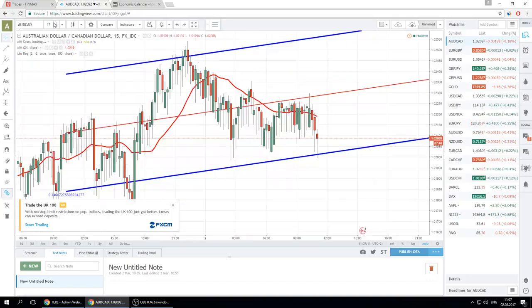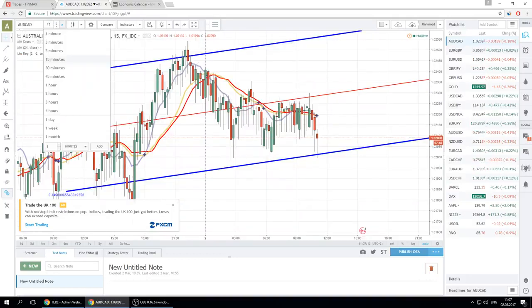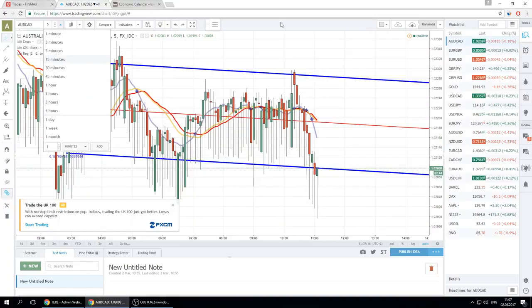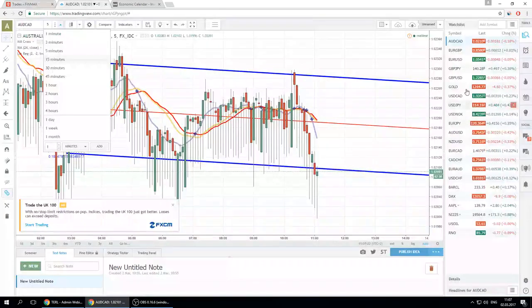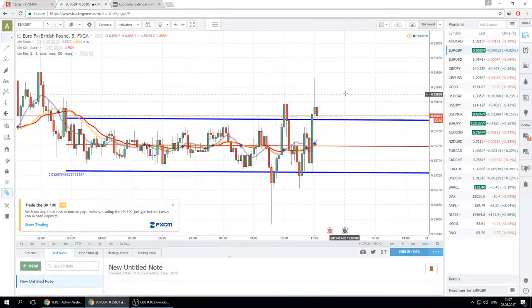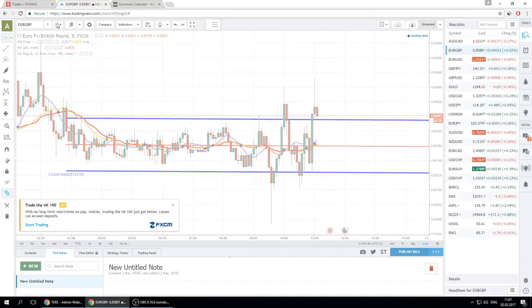Australian Canadian dollar. Well, pretty controversial. So far, so good. Okay, here. Not that clear.